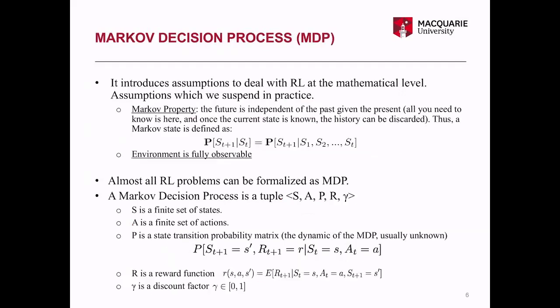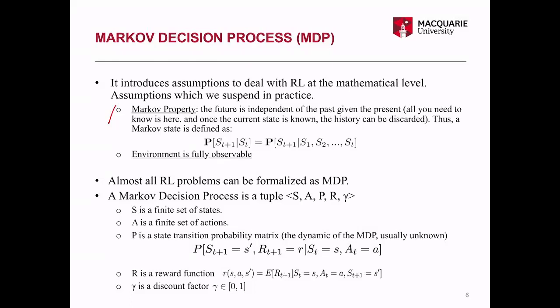Markov decision process. We remember that it introduces assumptions to deal with reinforcement learning at a mathematical level. There were some important assumptions, called the Markov property, and the fact that all you need to know is already here. You don't need to look back and study previous and prior states. This is a very questionable thing when we get to approximate reinforcement learning and deep reinforcement learning, because in certain environments and situations, you actually need to look back.